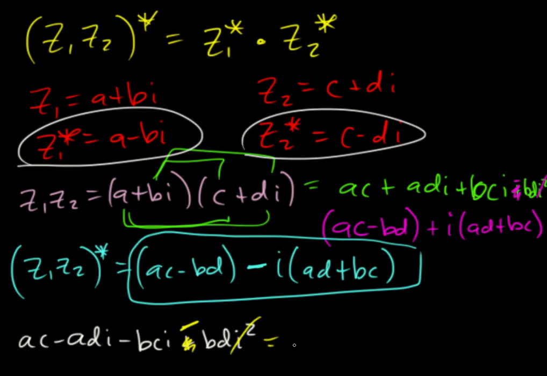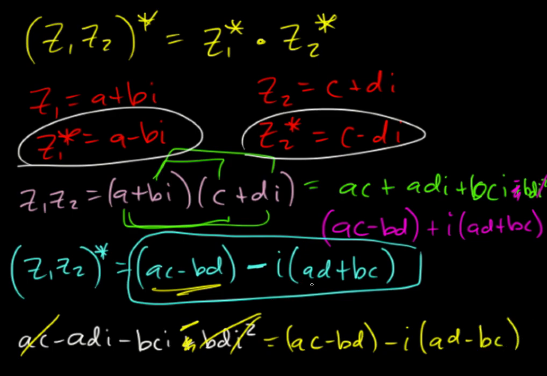The real part is going to be ac minus bd, which is good, because that's the same. Then we can take out a negative and an i, and we're left with ad plus bc, because we took out the negatives. Both those are the same, and so we proved that that's true.